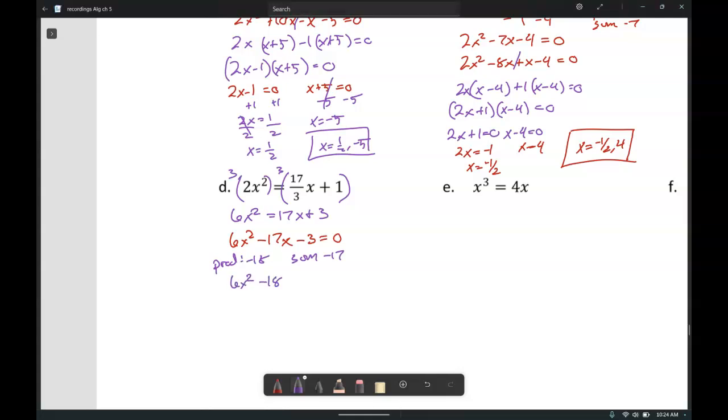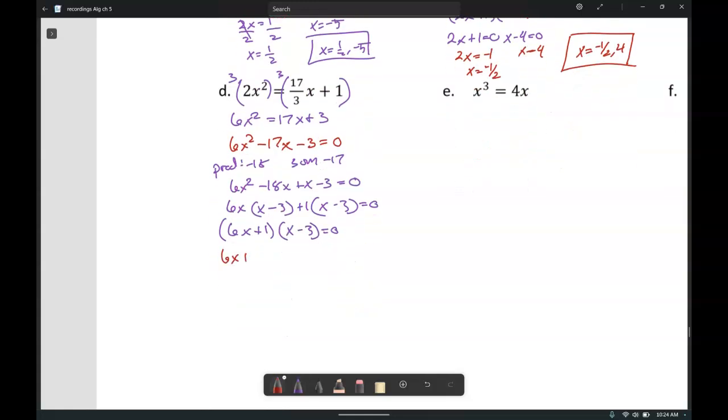So we'll have negative 18x plus x. We factor through grouping. We set our factors equal to 0. And we solve.